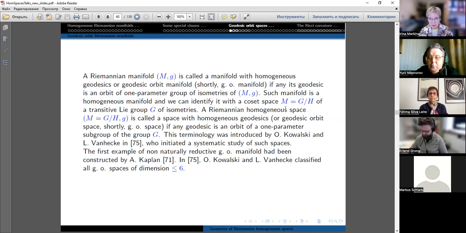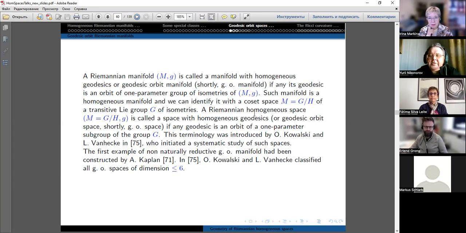If we drop the importance of the group of isometry, say we consider the maximal isometry group, then we can speak about a Riemannian homogeneous manifold. It's almost the same, but we should distinguish different homogeneous spaces that realize one and the same manifold.